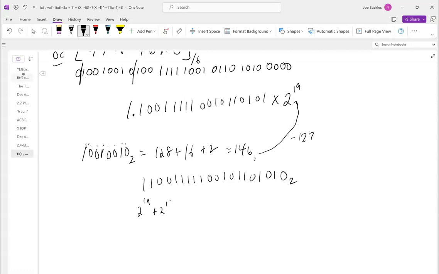So then plus 2 to the 18th, 17, 16, 2 to the 15th, 14th, 13th, 12th, 11th, 10th, 9th, 8th, and I keep messing up. 7 is 0, 6th, 5th, 4th, 3rd, and to the 1st.